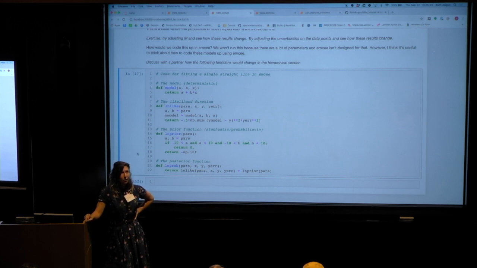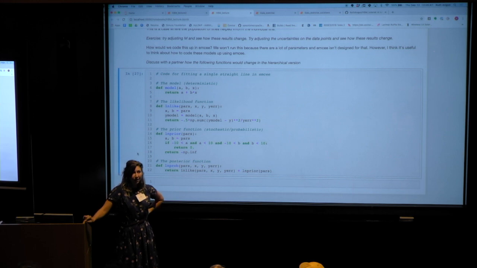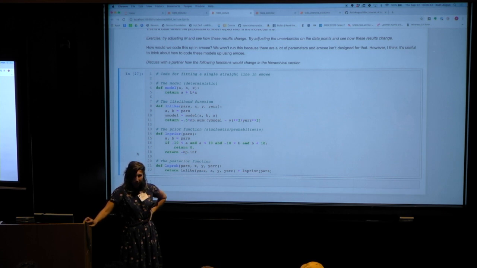Yeah, I think if your sampler is run to convergence, or to infinity, yes, the hierarchical version would do as well as the non-hierarchical version, but probably better.